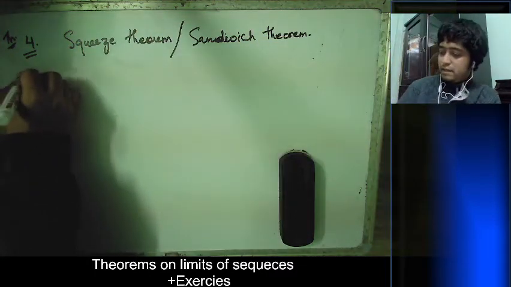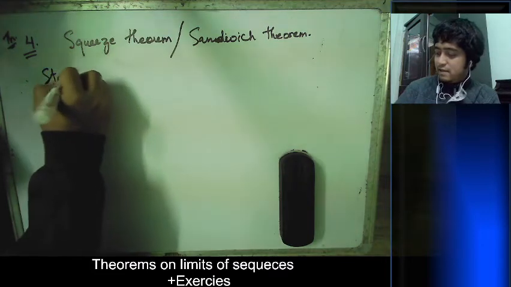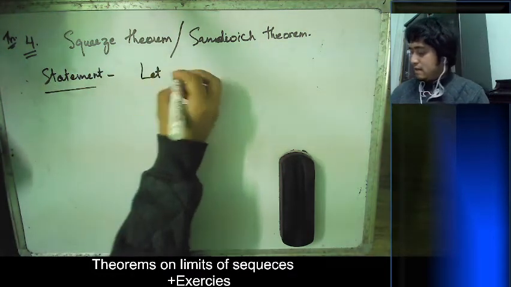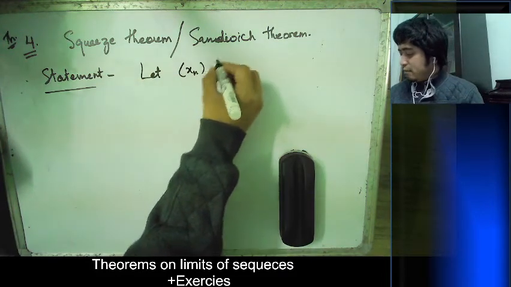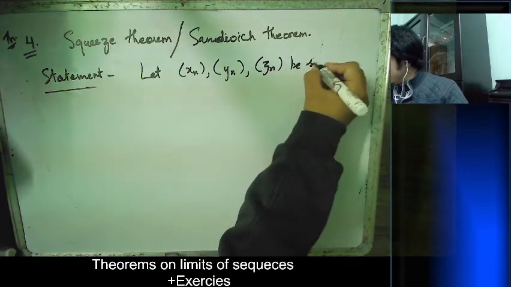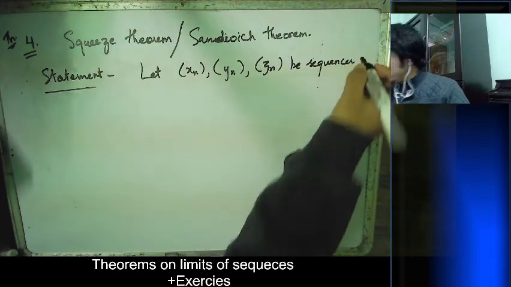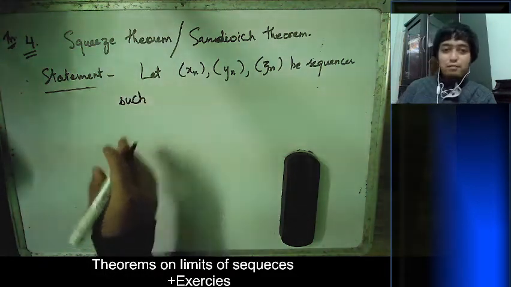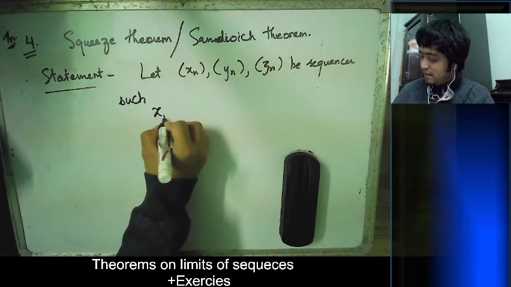Okay, so the statement is like this: let xn, yn, and zn be sequences, and they satisfy this kind of inequality.